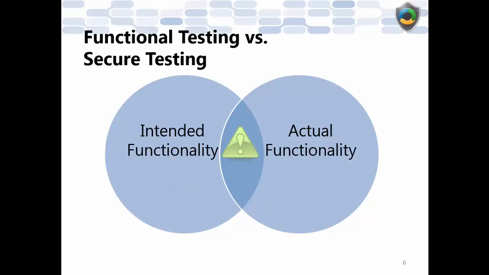The section that you see in the center, in other words, the overlap or the intersection, corresponds to the application functionality that has been specified in the app designs and has also been implemented in the application. Functional testing that's conducted on this section can also address a subset of security testing. As an example, an evaluation of how well authentication controls were implemented.